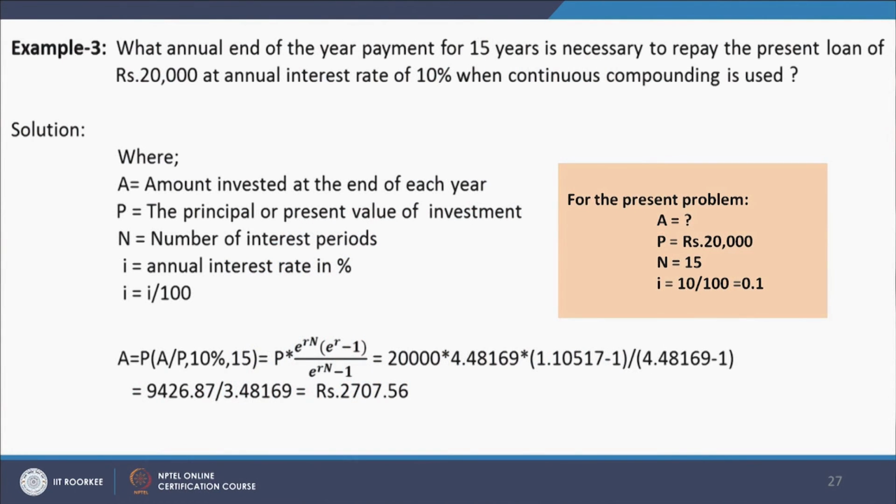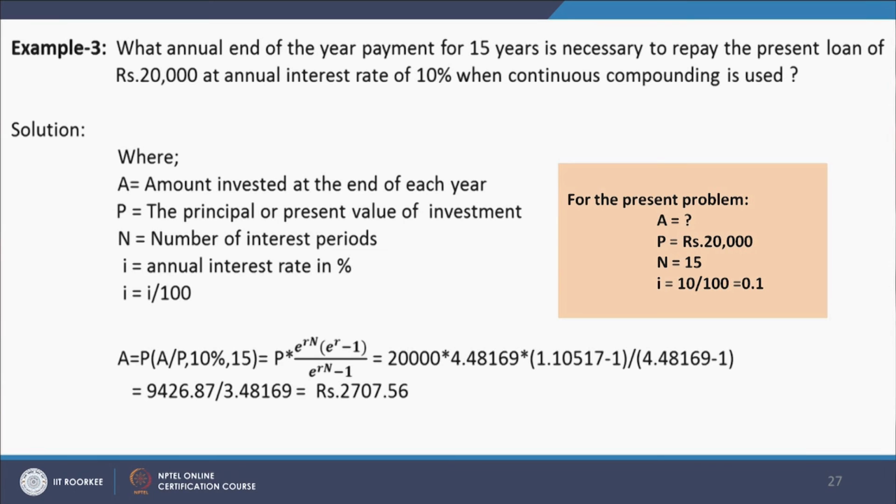Now, take some other problems of continuous compounding. What annual end of the year payment for 15 years is necessary to repay the present loan of rupees 20,000 at an annual interest rate of 10% when continuous compounding is used? What is given to us in the present problem is P equal to rupees 20,000, n is 15, r is 0.1.